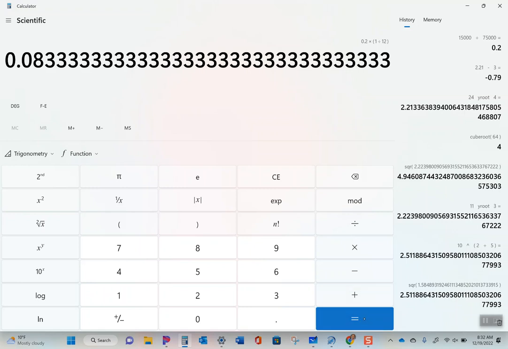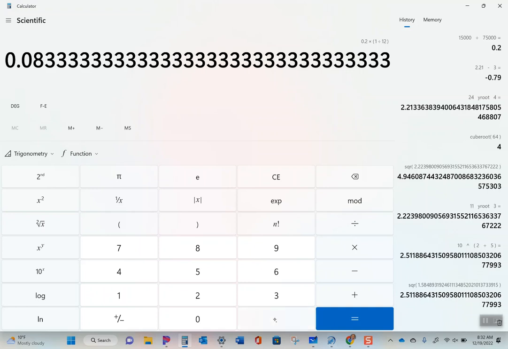Something doesn't seem right here. Oh, I've got a wrong button in there. It says 0.2 times 1 divided by 12, doesn't it?